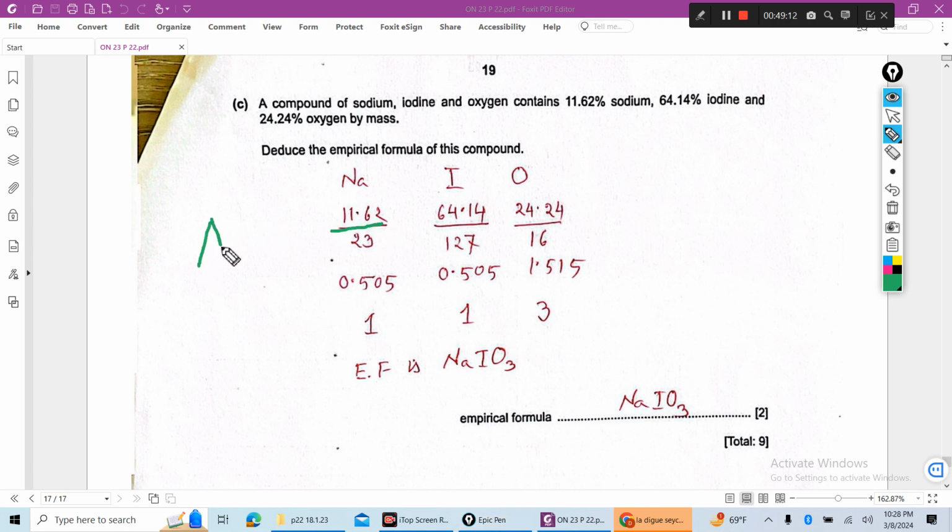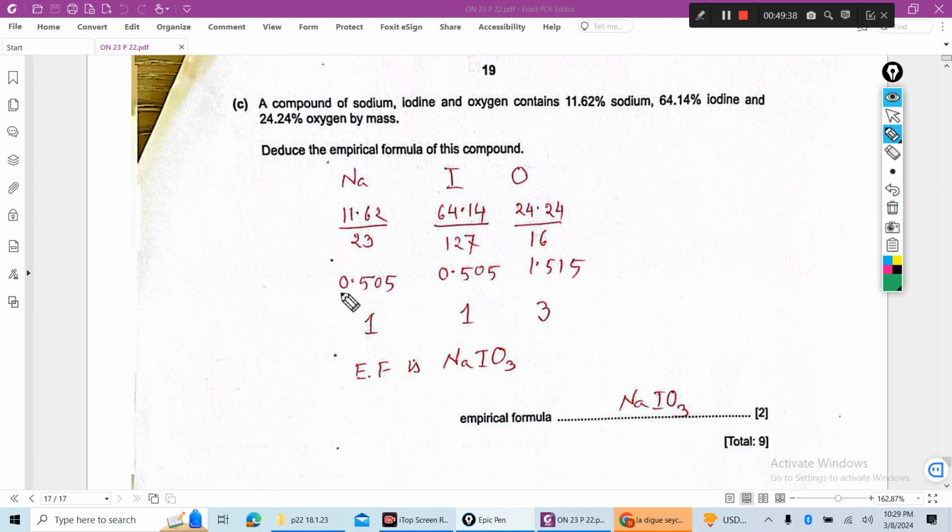Ar means relative atomic mass. So sodium 23, this value you will get from periodic table. Sodium relative atomic mass 23 and iodine 127, oxygen 16. First you will divide their percentage by mass by their relative atomic mass.